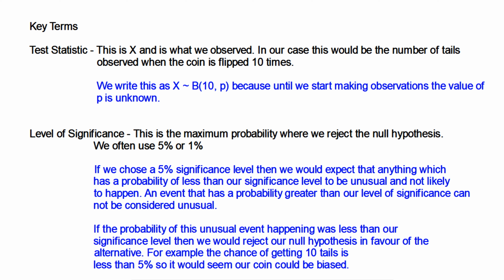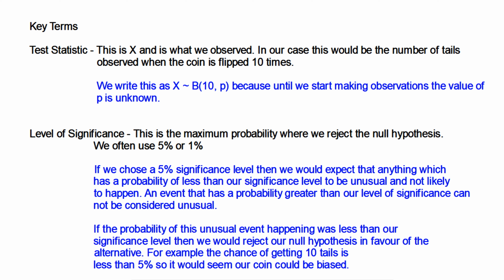So for example, the chance of getting 10 tails is less than 5%. So if that's what we got, then we might consider rejecting the null hypothesis in favour of the alternative. That doesn't confirm that our coin is biased, but it implies that our coin could be biased. So we would normally say something like, there's sufficient evidence to suggest the coin is biased.